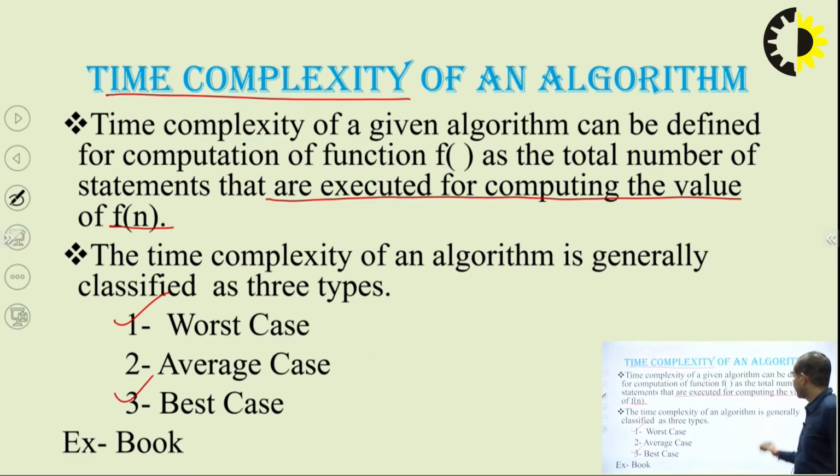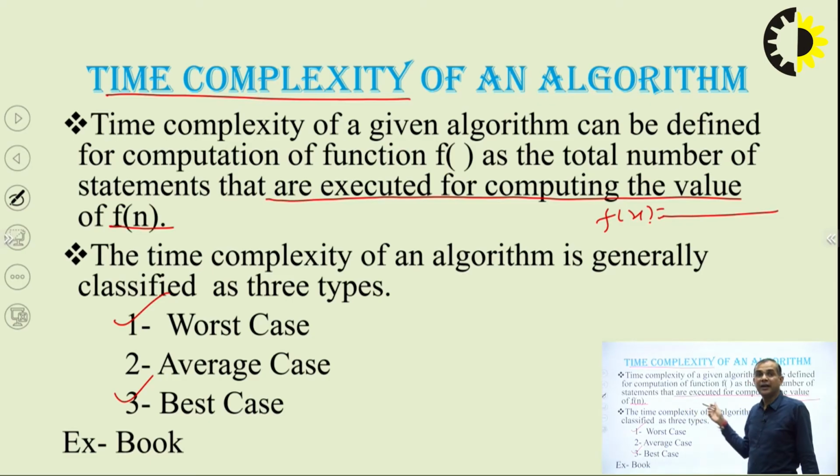What is this? Suppose we have a function f(x) equal to something and a problem of size n. If it takes the maximum number of steps to solve the problem, if we write an algorithm with an input function f(x) of size n and it takes the maximum number of steps to execute, that is the worst case.